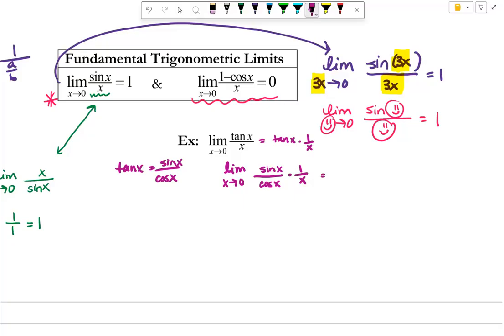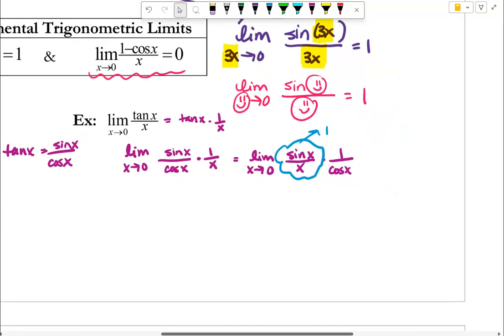So I could think of this as the limit as x approaches 0, and when I have multiplication, I could just swap my factors in the denominator. So I could think of this as sine of x over x times 1 over the cosine of x. And now I know that when I plug in a 0, that function is going to approach 1 as x approaches 0. So I really now just need to consider what happens to the 1 over cosine of x.